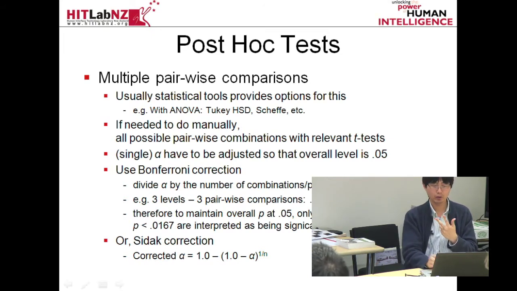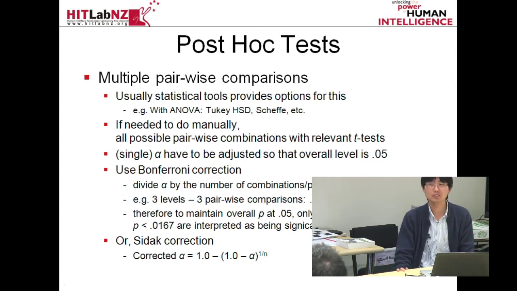So that in the end, when you add this 0.0167 3 times, it will become 0.05, okay? So as you can see here, if you had too many levels in your independent variable, so say if you want to compare 10 interfaces, then this pairwise comparison alpha level will reduce dramatically.